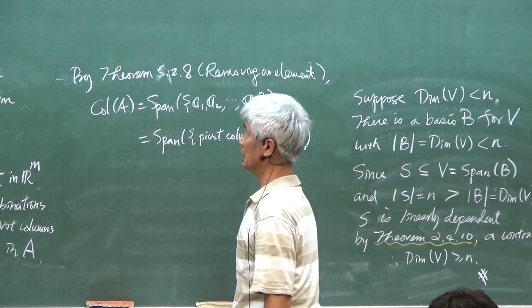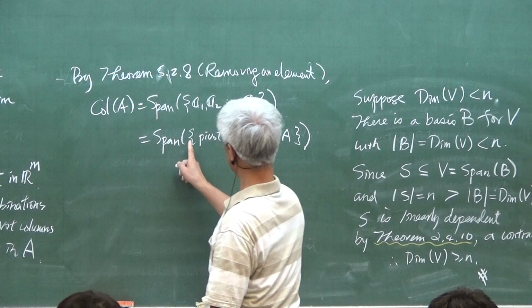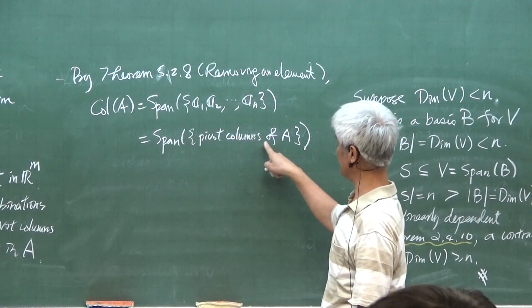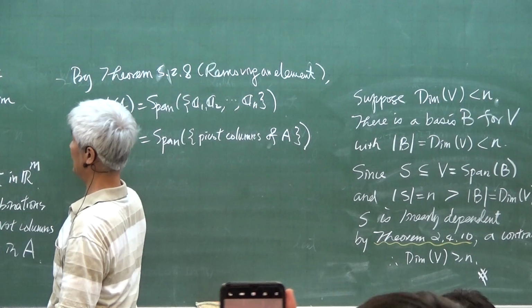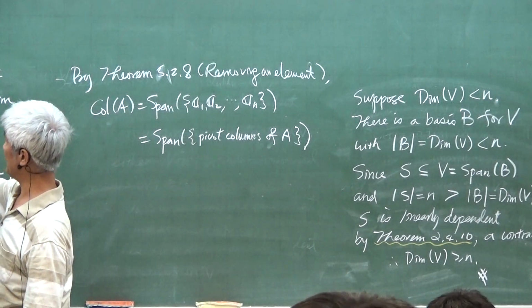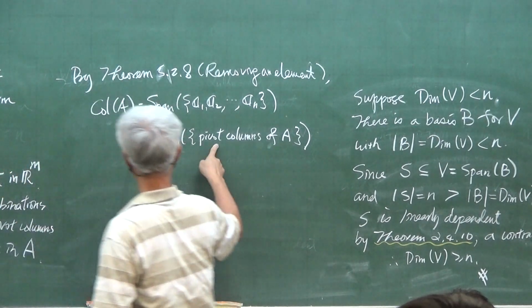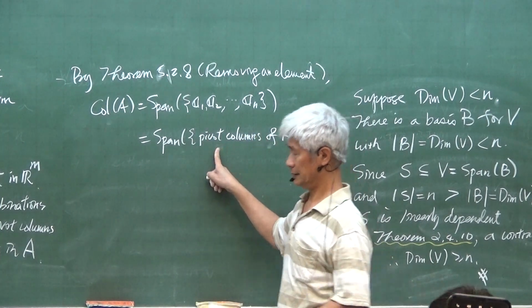Okay. So the set of all pivot columns of A is a spanning set of the column space. And we already showed that this set is linearly independent.